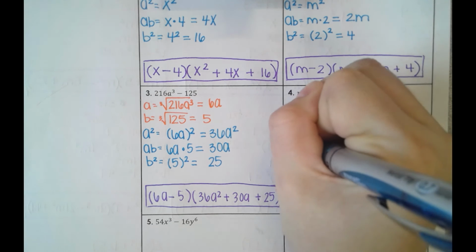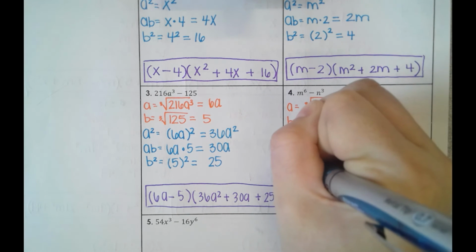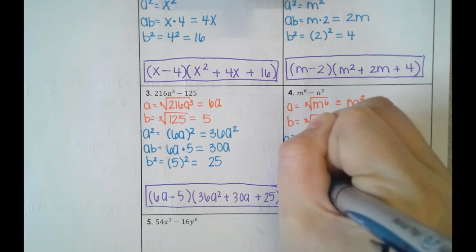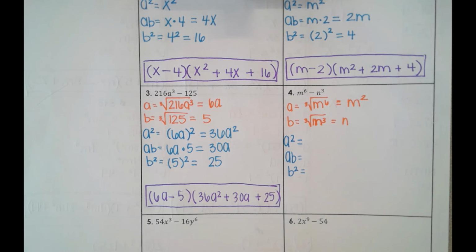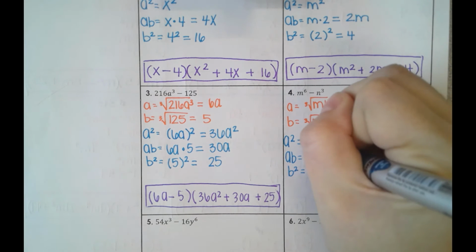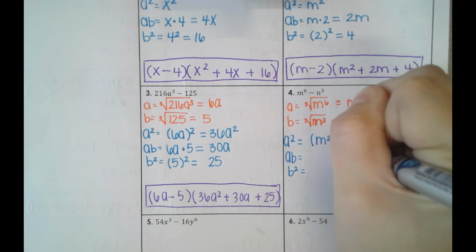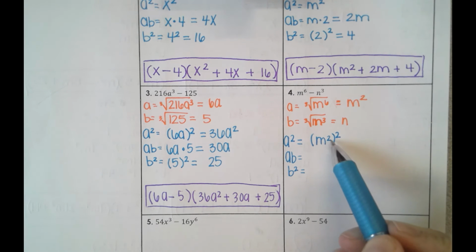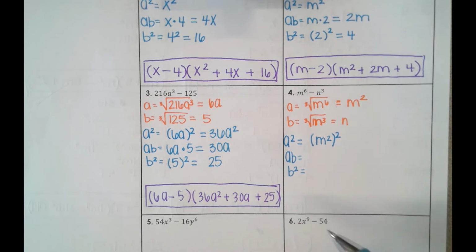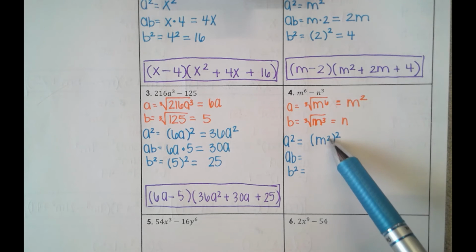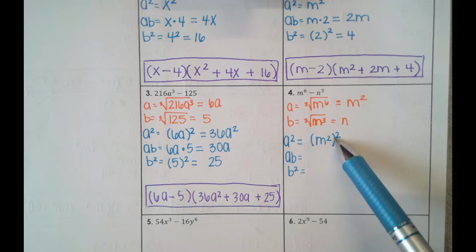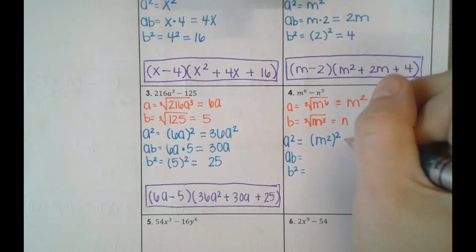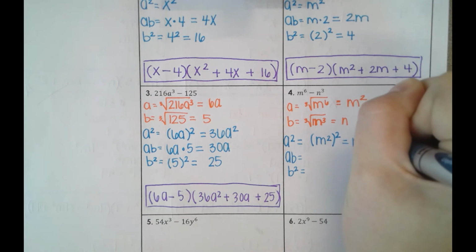Then we have a squared, ab, and b squared. So if I square my a, that's really m squared squared. If you remember back to your exponent rules, when you have two exponents side by side like this, you multiply them. So this would be m to the 4th.